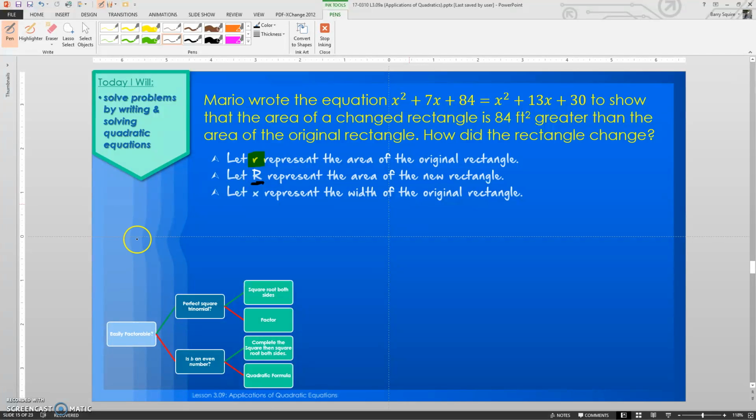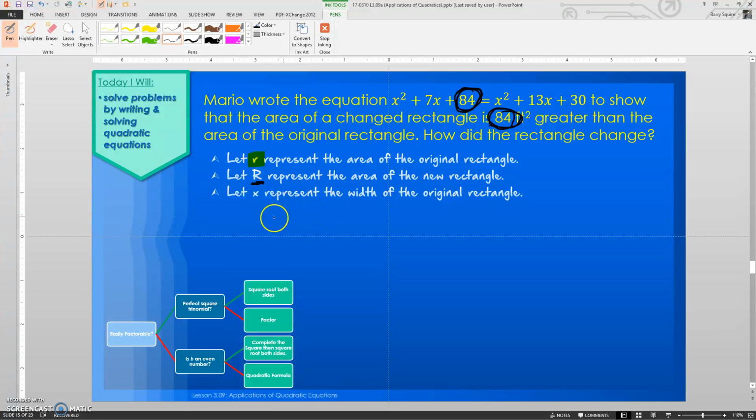So, I don't know if you noticed this as I was reading it, but this number 84 also happens to be right here.